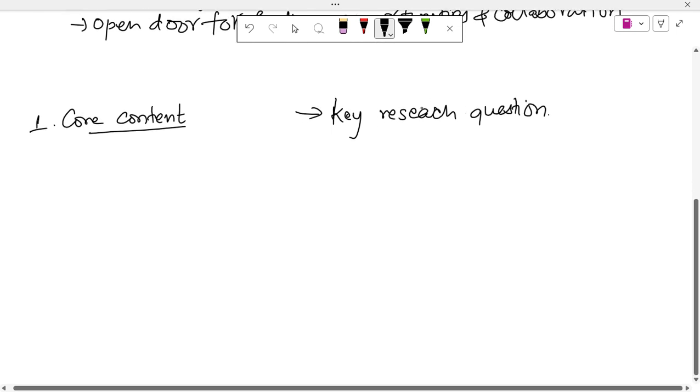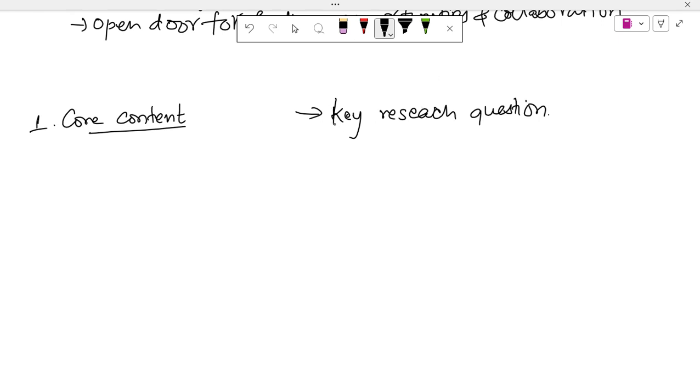Now you have to find one key research question from your thesis that needs to be solved. You can make many research papers from your thesis, but you need to identify the key research question for each paper and do all these steps that I'm trying to convey to you.